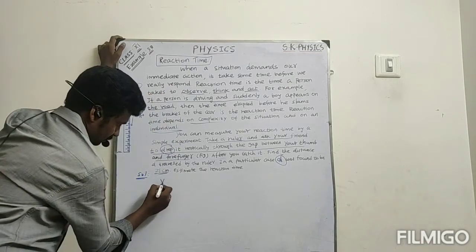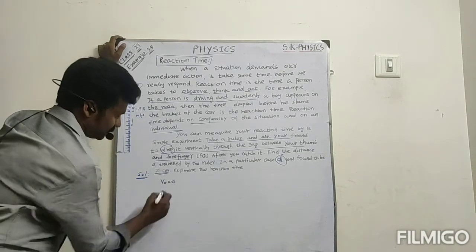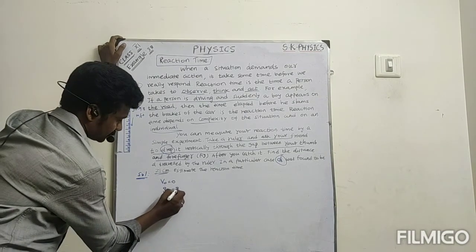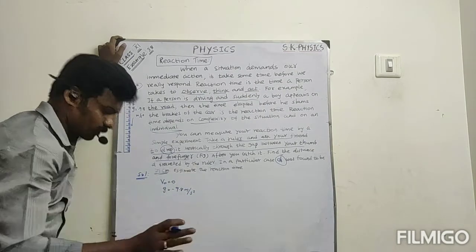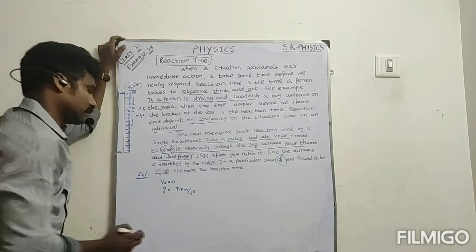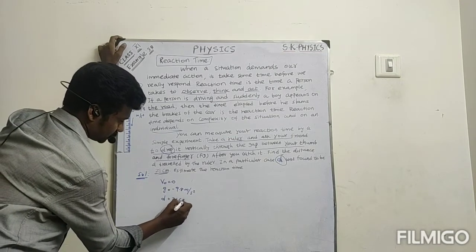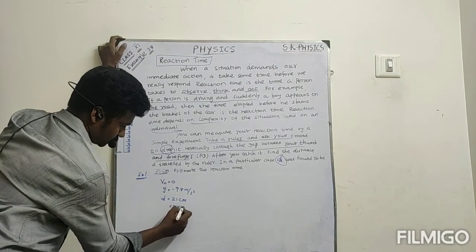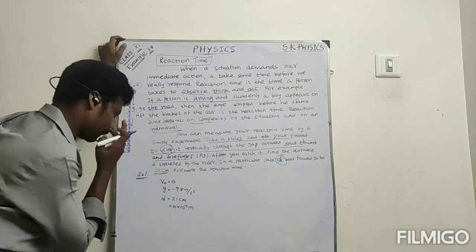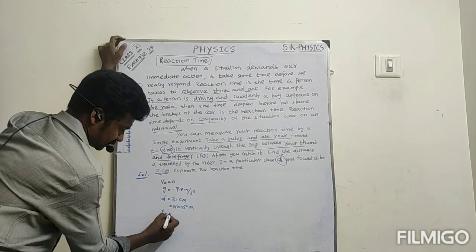So initial velocity v naught or u is equal to 0. And the g value is minus 9.8 meter per second square, because it is moving in the downward direction. Then the distance covered by the object is given, that is 21 centimeter or 21 into 10 power minus 2 meter. So the reaction time, simply I write T suffix R.